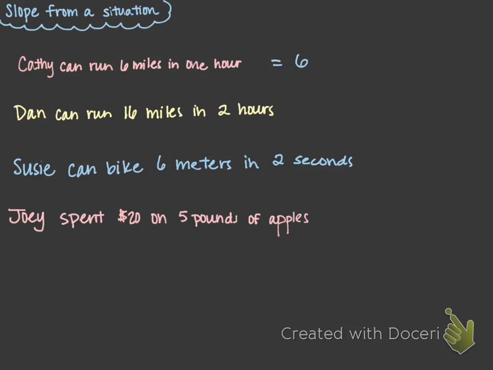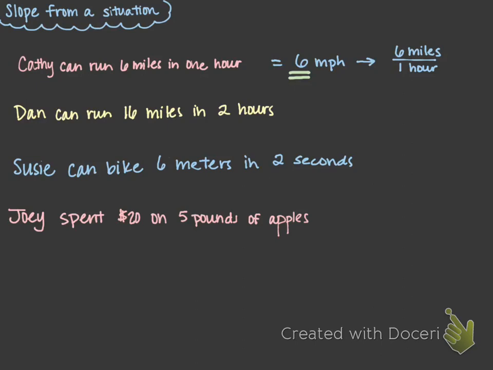So we say 6, and then typically we have seen this MPH, which stands for miles per hour. And really what we're looking at is the ratio of 6 miles for every 1 hour. And that is her slope. This means that 6 would be the slope in this case.